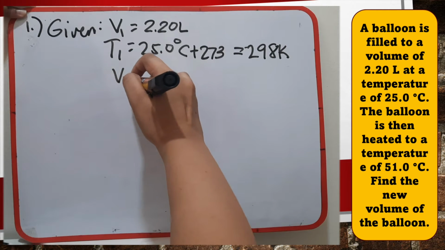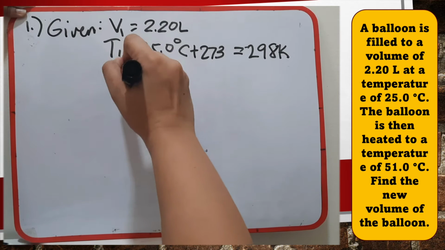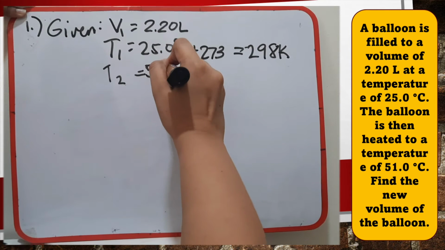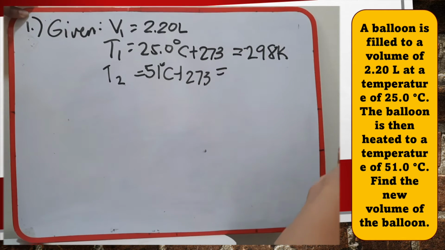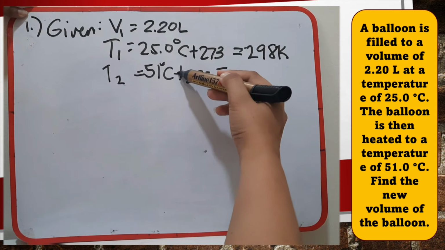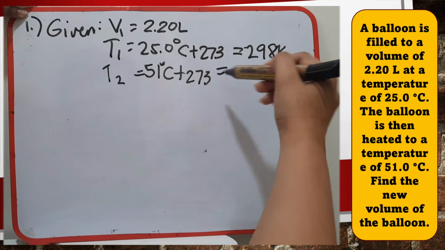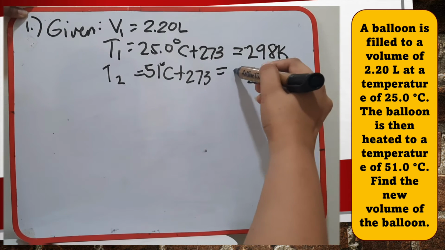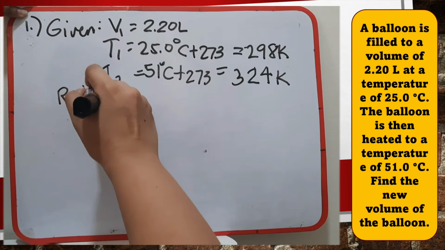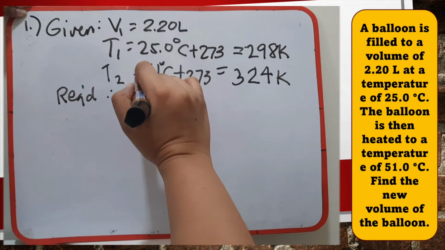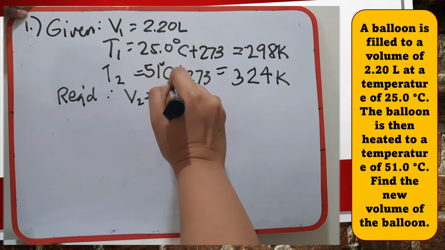And for temperature 2, which is 51 degrees Celsius, we also convert it to Kelvin: 51 plus 273, which is 324 Kelvin. Ang hinahanap natin is volume 2, the new volume of the given balloon.